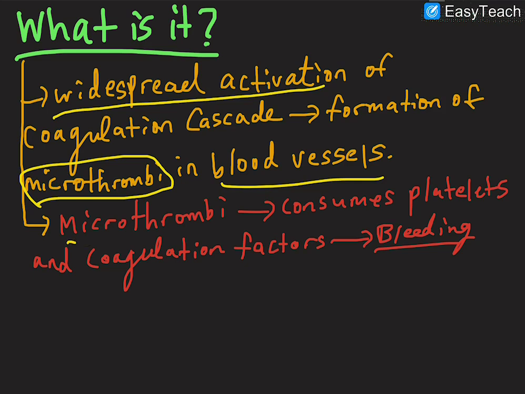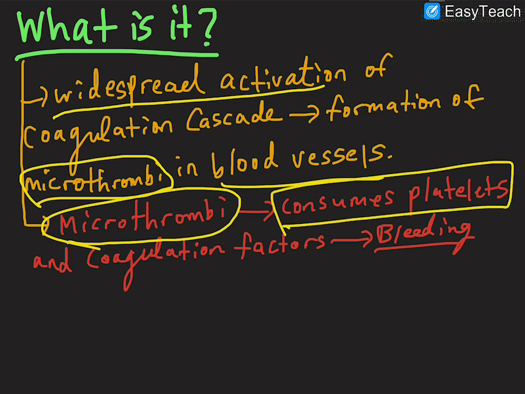And if you're making a lot of microthrombi, a lot of clots, then you're going to consume platelets, because in order to form these clots, you're using platelets, because that's what platelets do. They make clots. They make platelet plugs. So you're consuming a lot of platelets to make these clots.